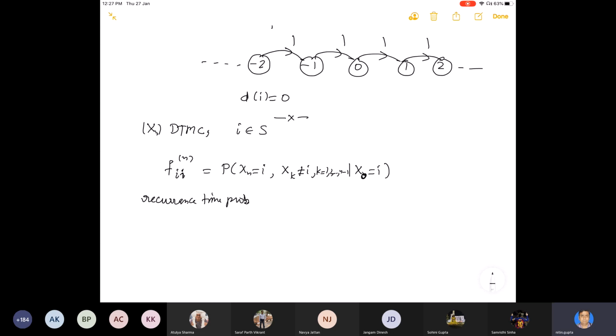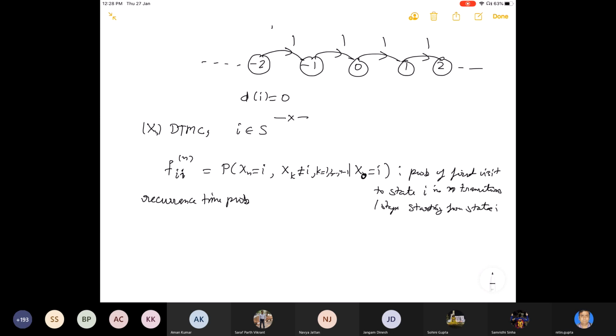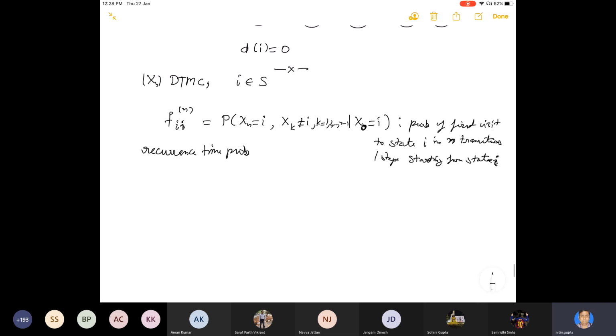So this is the probability of the first visit to state i in n transitions or steps, starting from state i. This is known as the recurrence time probability. Sometimes it is denoted as Fi(n) also.